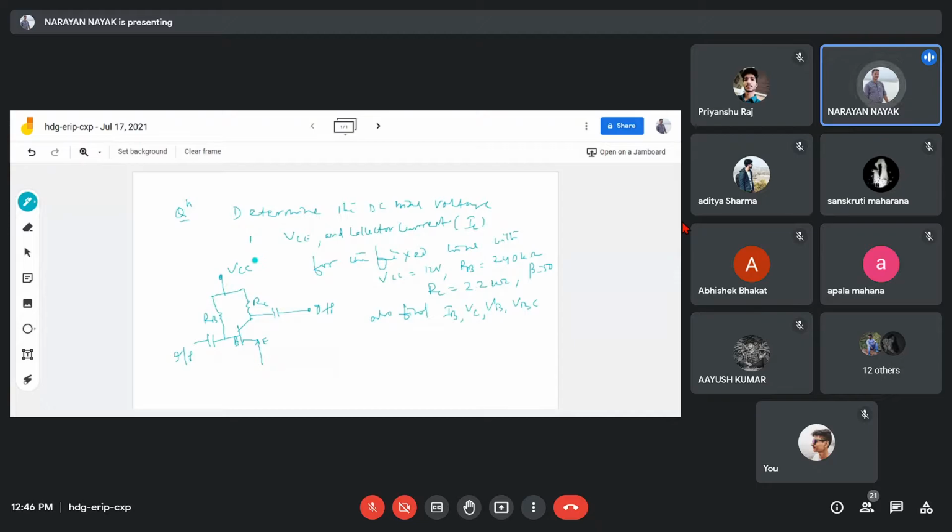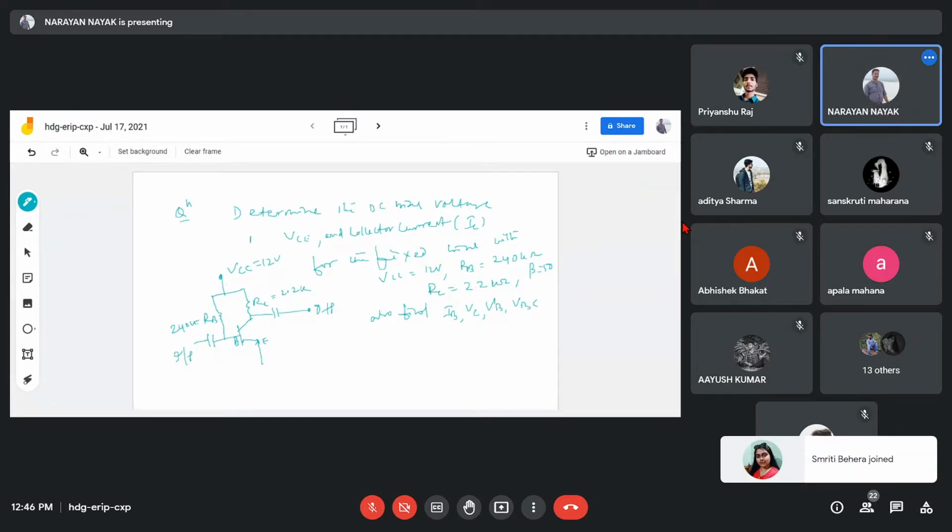So this is your RB, and this is RC and this is your VCC. Now the given VCC is 12 volt, RB is 240 kilo ohm, RC is given 2.2 kilo ohm. This is the collector and this is the emitter.